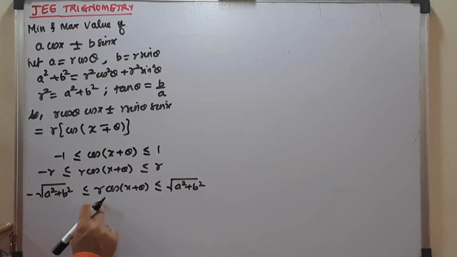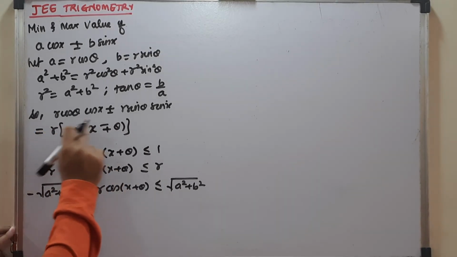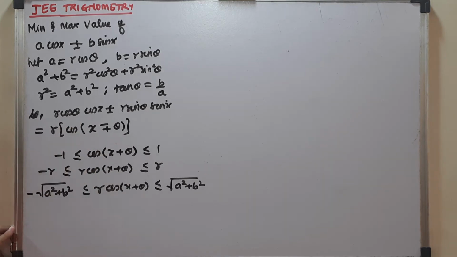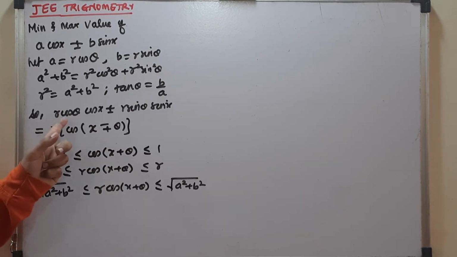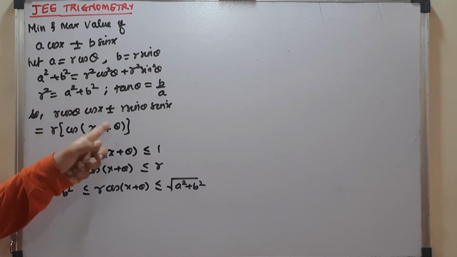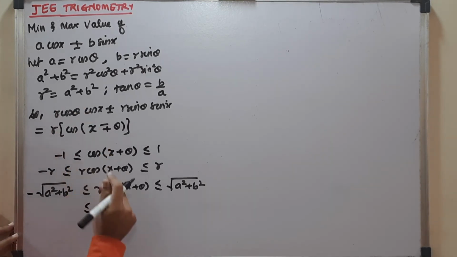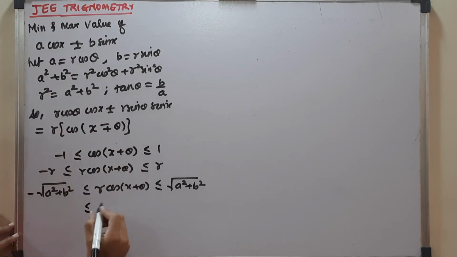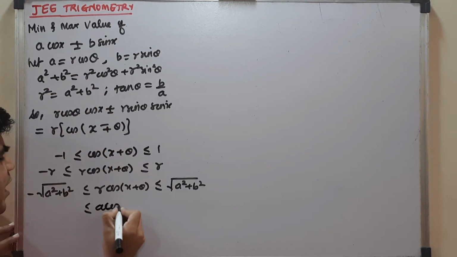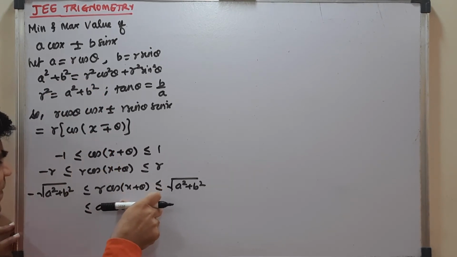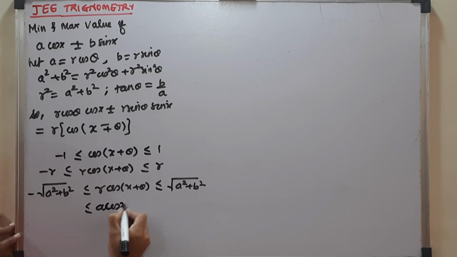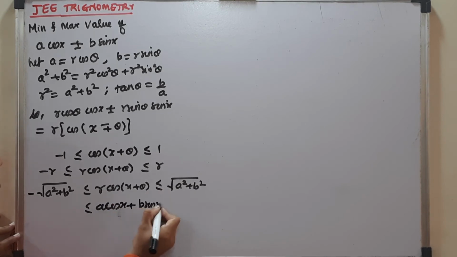So this r cos x plus theta, which is r cos theta cos x plus or minus r sin theta sin x, is actually a cos x plus b sin x.